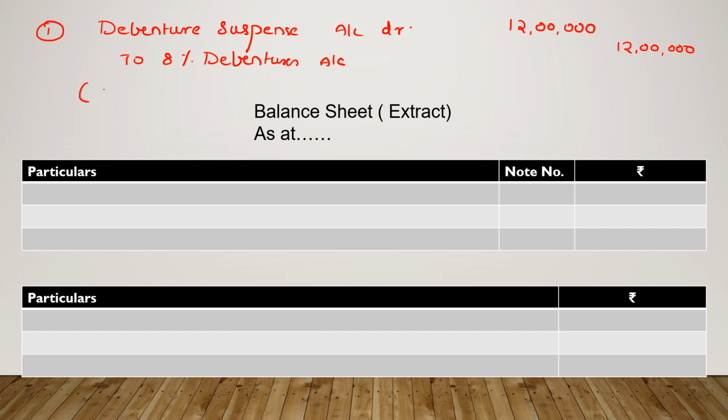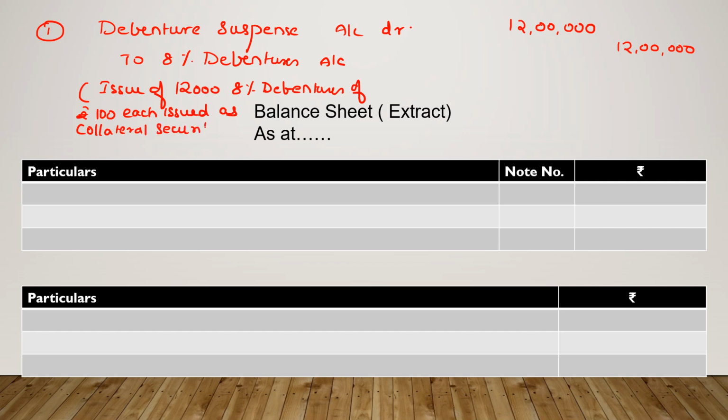And the narration that we'll be writing is issue of 12,000 8% debentures of rupees 100 each issued as collateral security to State Bank of India.